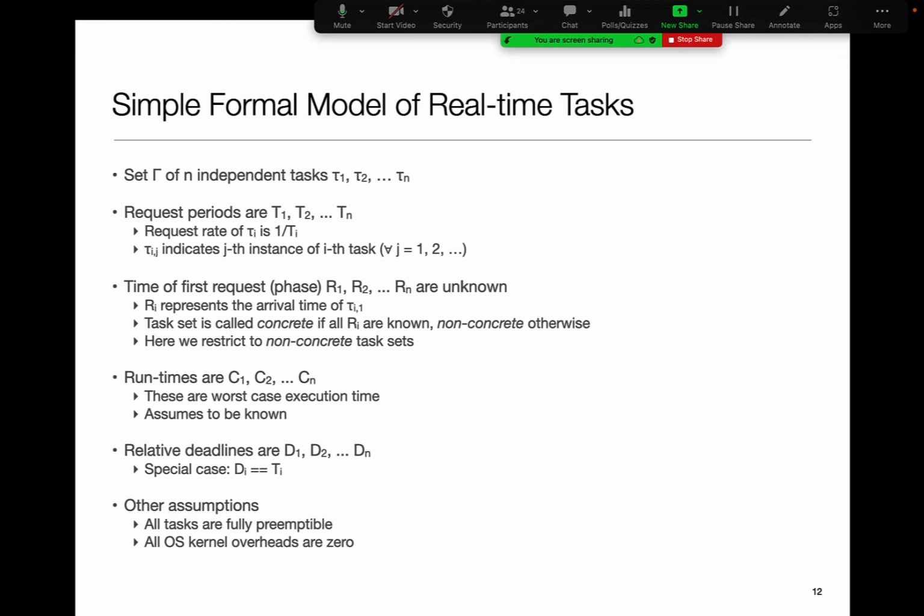When will its second copy arrive? Anyone? Based on the information I've given thus far, for the task tau i, the first copy arrives at r sub i, and if I know r sub i, then when is the second copy going to arrive?